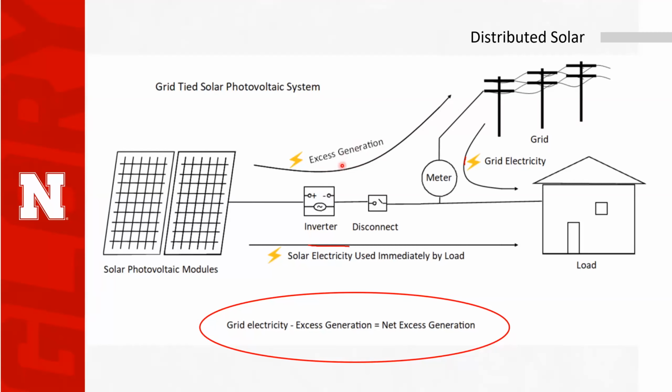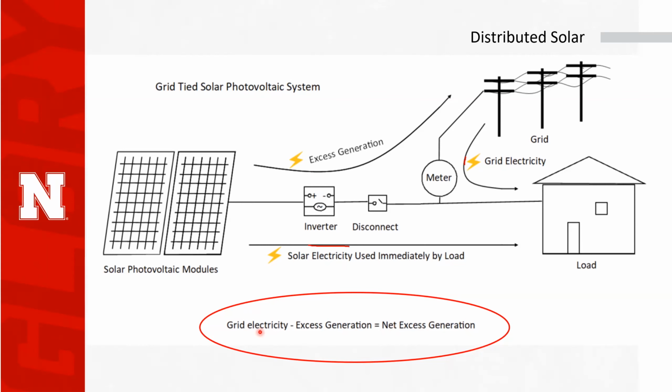That is called excess generation. This term, excess generation, is an important definition to understand: what goes out on the grid is called excess generation. Because then when I subtract excess generation from grid electricity here at the bottom, I get net excess generation. That is the term that our net metering law uses to define what is net metering.